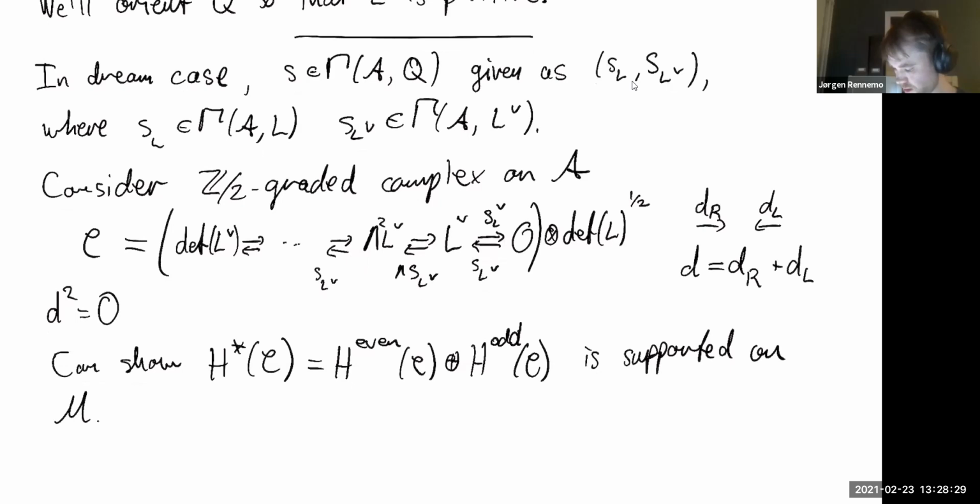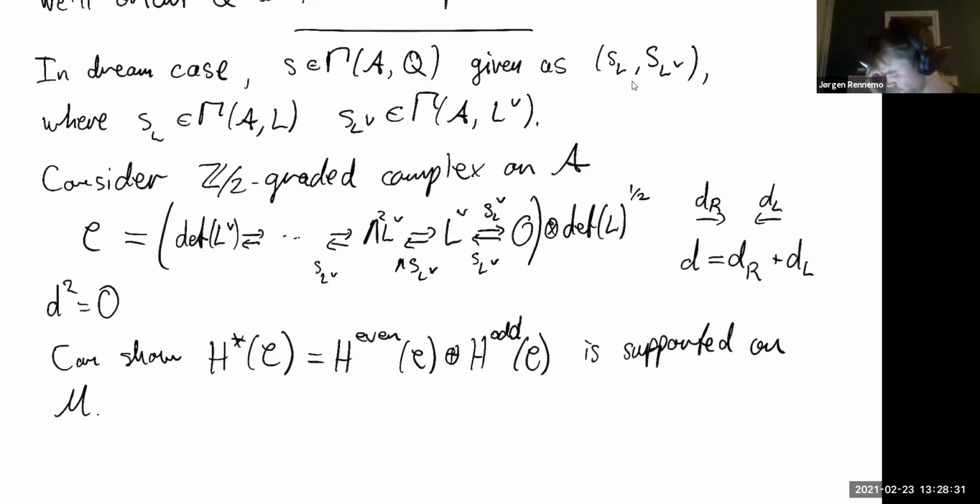This is some bit of algebra, but you can maybe see that if you're at a point where S doesn't vanish, then either looking at the rightwards arrows or looking at the leftwards arrows, this is the Koszul complex of some section which doesn't vanish, and the Koszul complex of a section where it doesn't vanish has trivial cohomology.